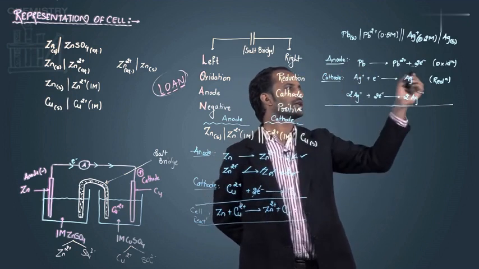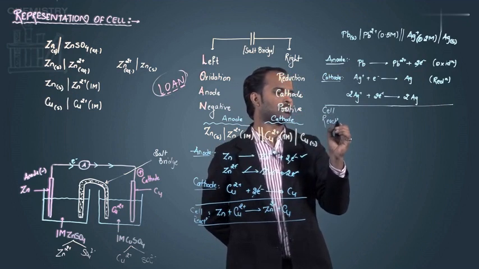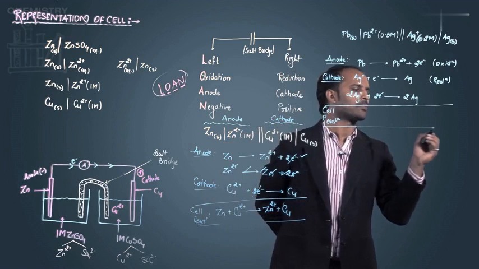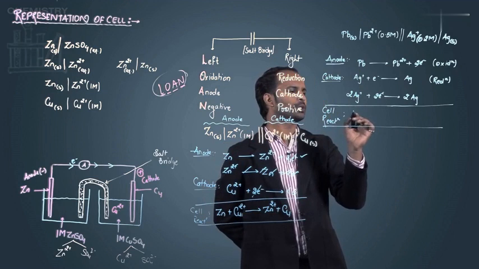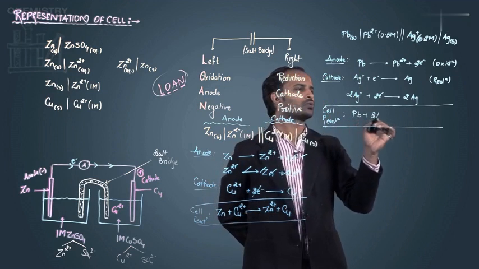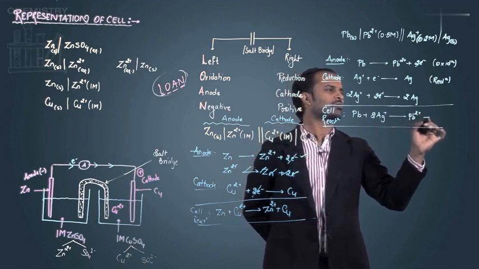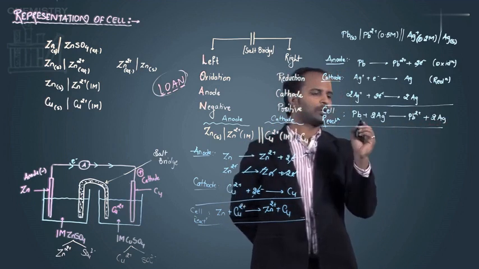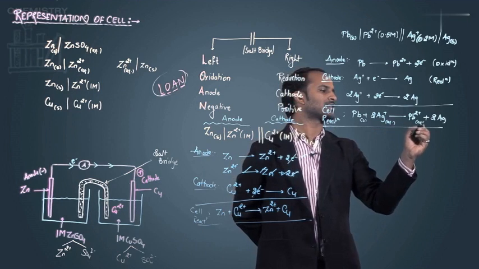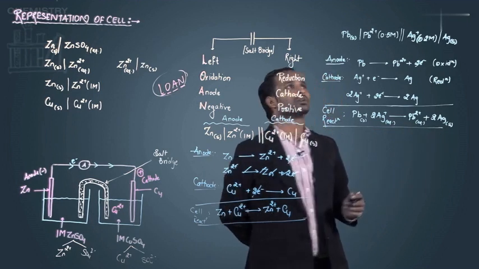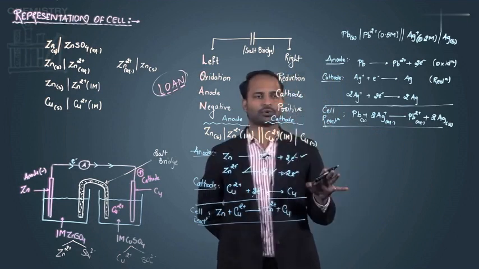The 2 electrons get cancelled, and we get Pb plus 2 Ag+ gives Pb2+ plus 2 Ag. Pb is in solid state, Ag+ is in ionic form, aqueous state, Pb2+ is also aqueous, and Ag is solid. So this is the cell reaction for this particular cell.